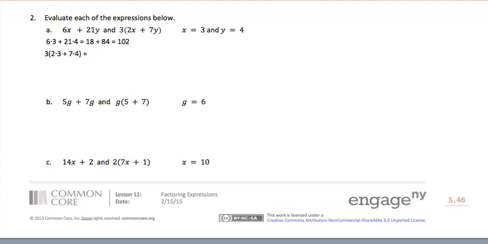And we solve inside the parentheses first. 2 times 3 is 6, plus 7 times 4 is 28. And again, inside the parentheses, 3 times 34, which equals 102.